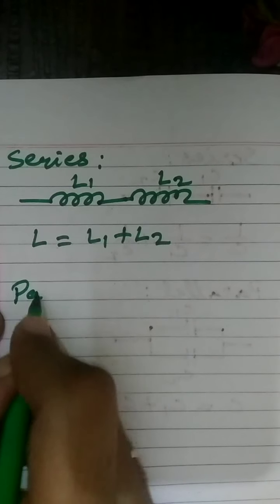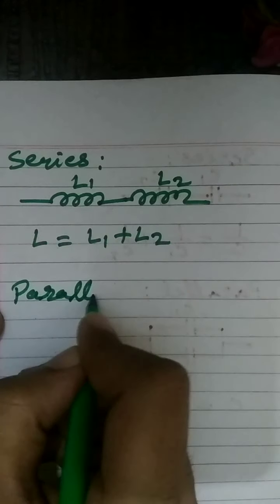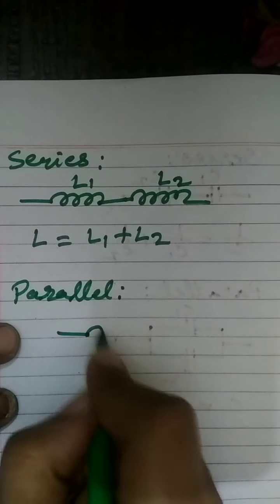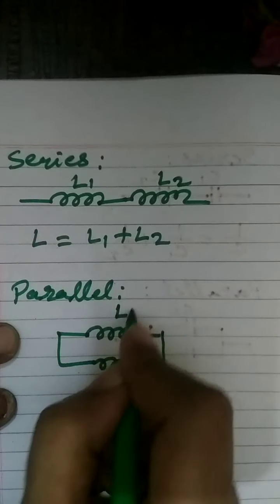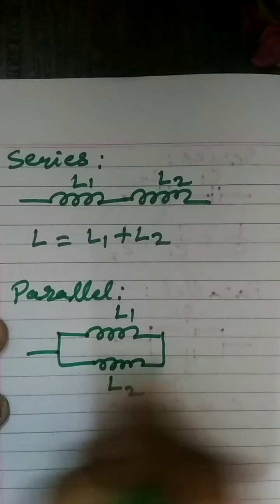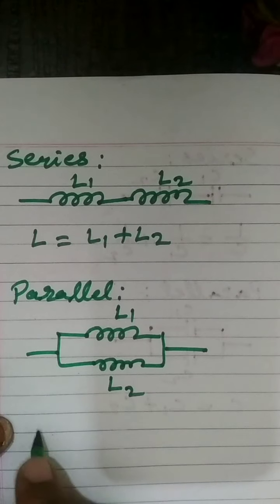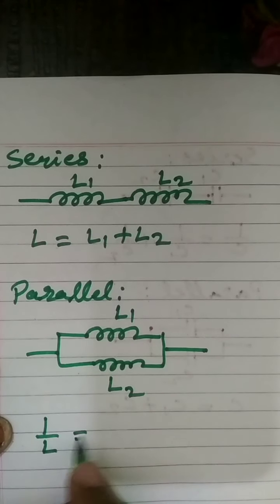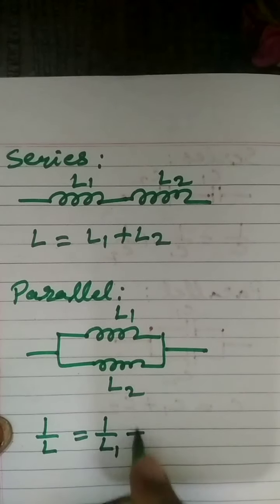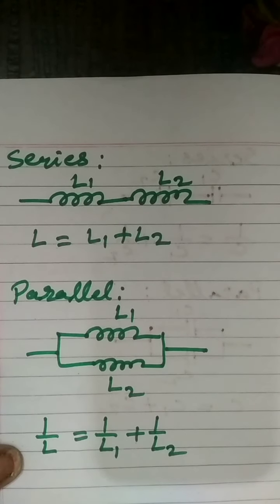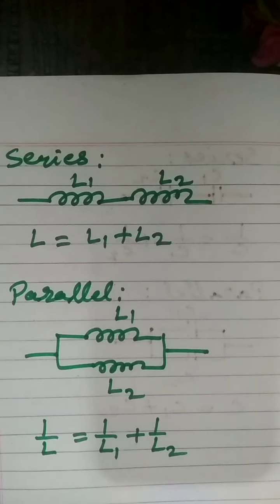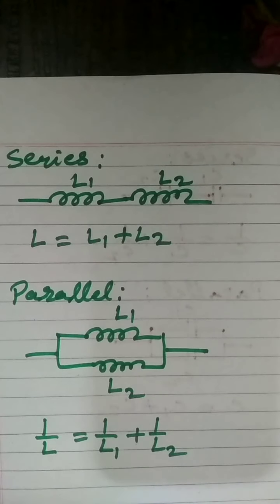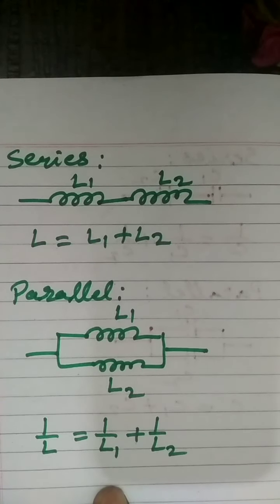Similarly, for a parallel combination, if two inductors L1 and L2 are connected in parallel, then their combination can be found out from this relation. L is the equivalent inductance, so 1 upon L will be equal to 1 upon L1 plus 1 upon L2. It is also same as that of parallel combination of the resistances.